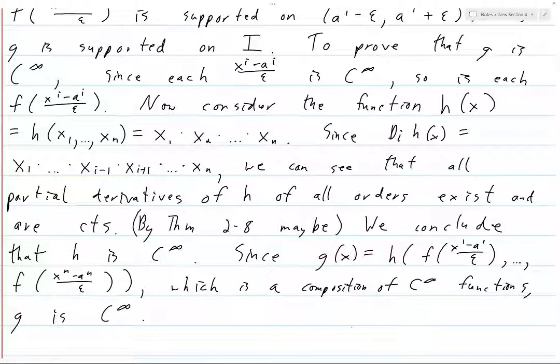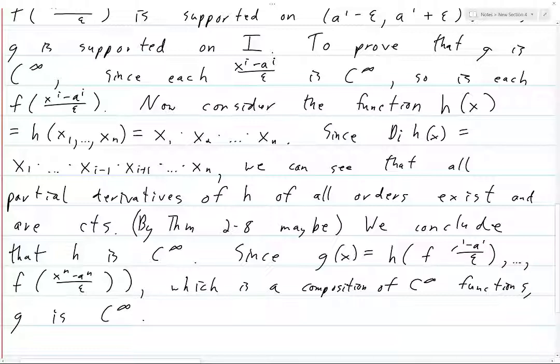And the way that you're using the chain rule here isn't entirely clear, because on the left-hand side we have g of x, and on the right-hand side, each argument of h involves just one coordinate of the vector x. And so it might be unclear how this is actually in a form that allows you to apply the chain rule, because you need the same variable on both sides of the equation, obviously.